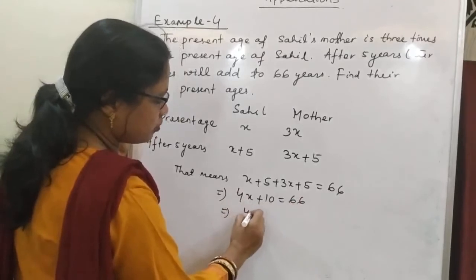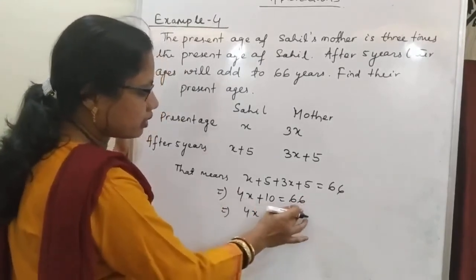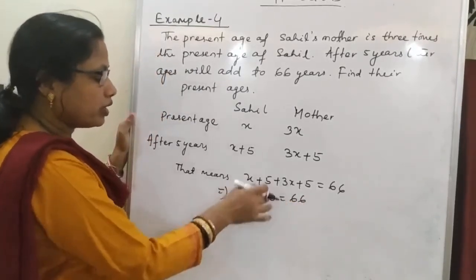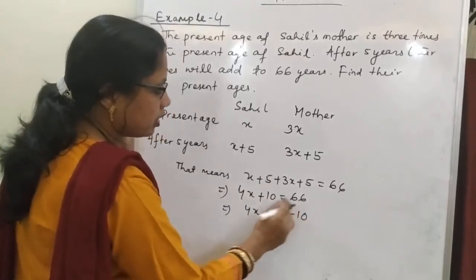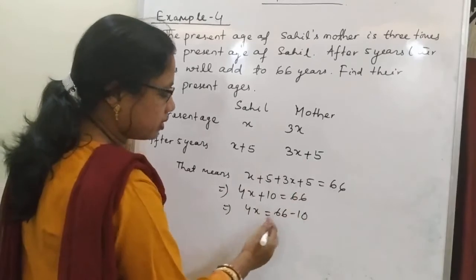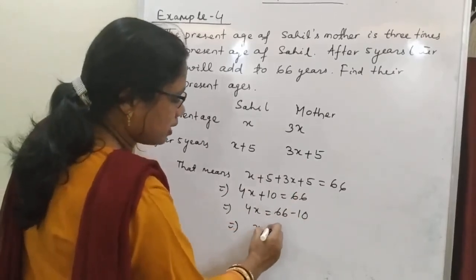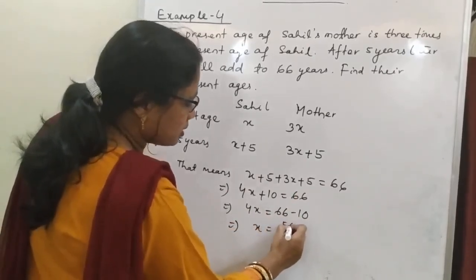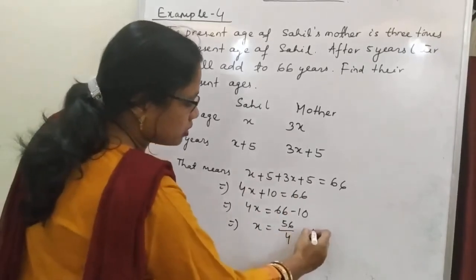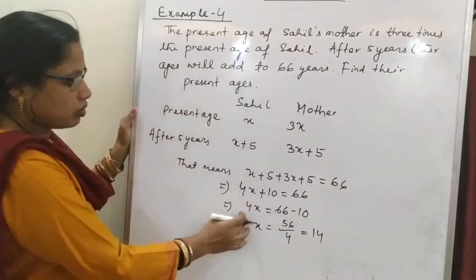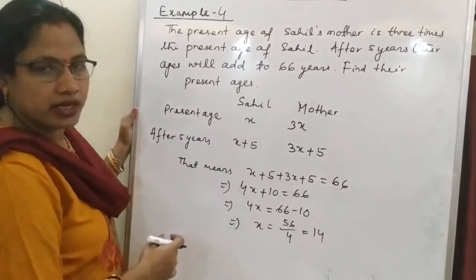So here we got a linear equation in one variable, then we will solve it. So 4x is equal to 66 minus 10. Here I transpose 10 to the right hand side. So this implies x is equal to 56 by 4. I divide both sides by 4. So this is equal to 14. So x, we have taken as the present age of Sahil.